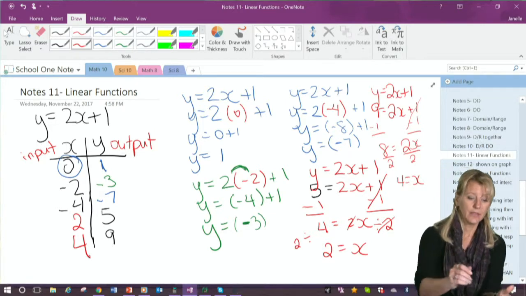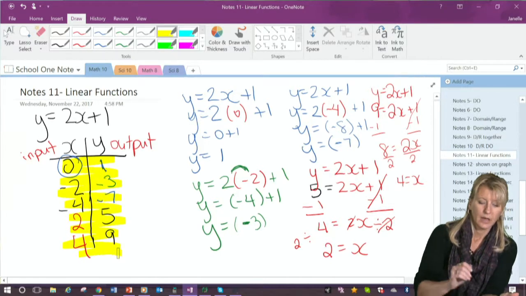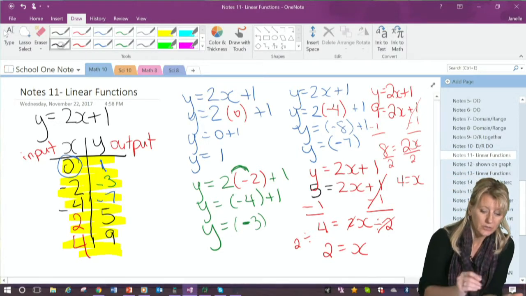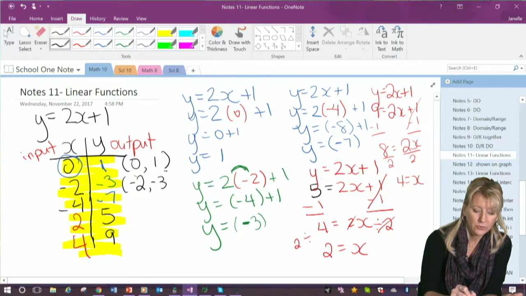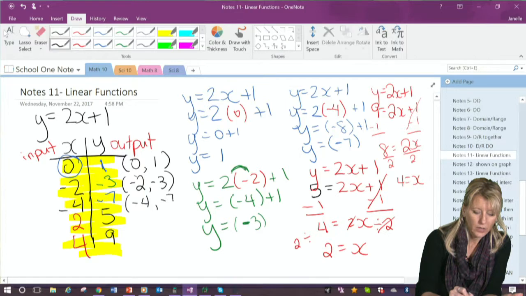So this part here are ordered pairs when it becomes graphing time. If I took these: 0 in the x spot, 1 in the y; negative 2 in the x spot, negative 3 in the y; negative 4 in the x spot, negative 7 in the y; 2 in the x, 5 in the y; 4 in the x, 9 in the y.